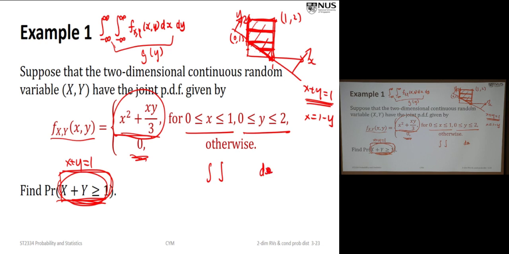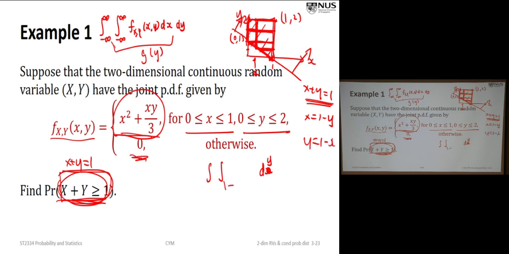So now, let me integrate y first. That means I have to fix x. Then what is the lower limit of the integration? At this point, what is the y value? Y equals 1 minus x.